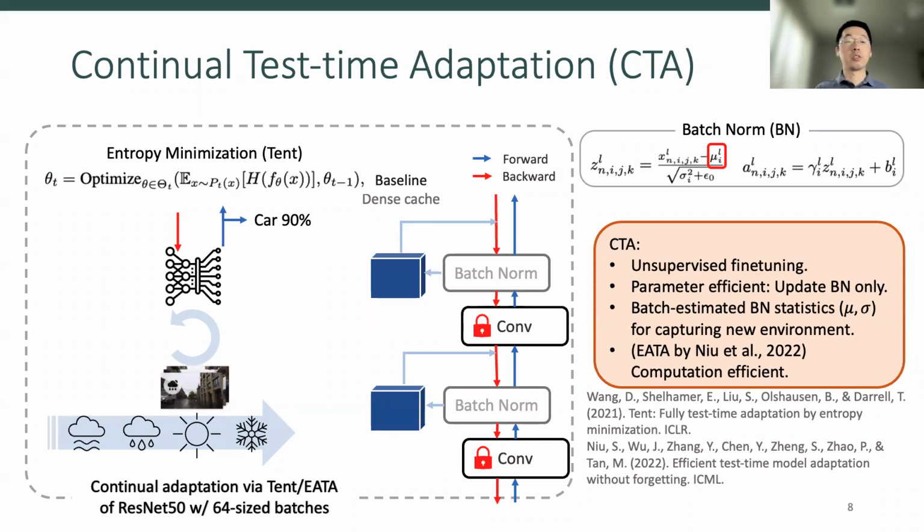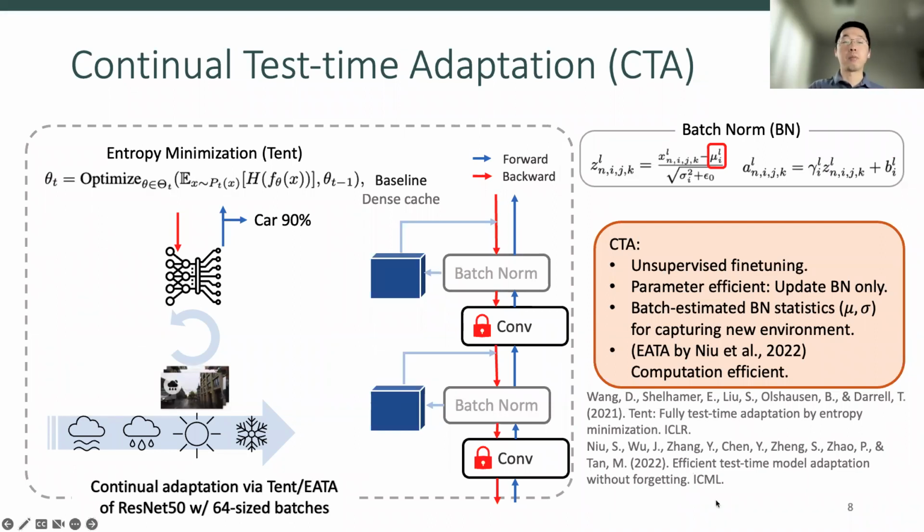This strategy could make the algorithm more adaptable for edge devices with limited computation resources. So these two methods are the most famous in the domain of test-time adaptation, which proposed the first unsupervised adaptation strategy and how to make the computation efficient.